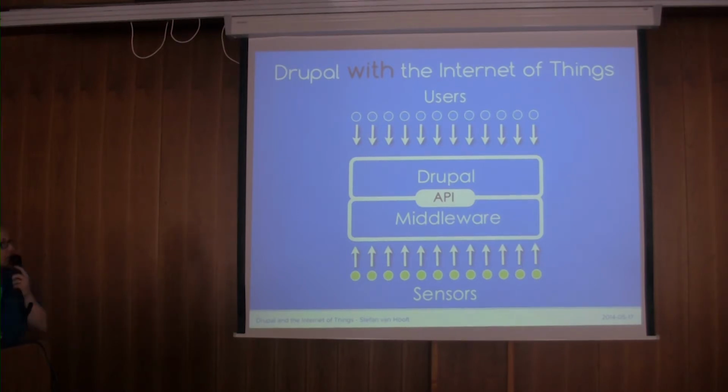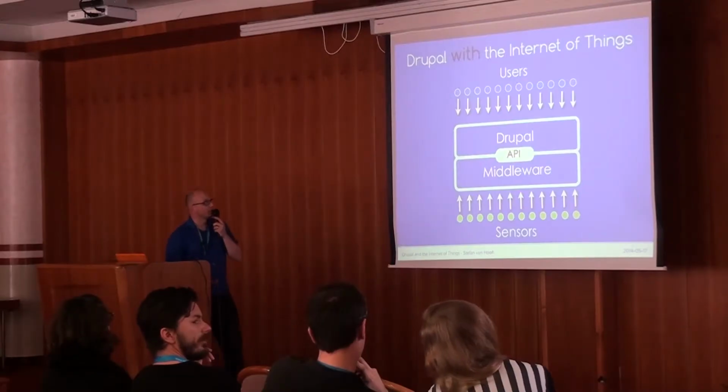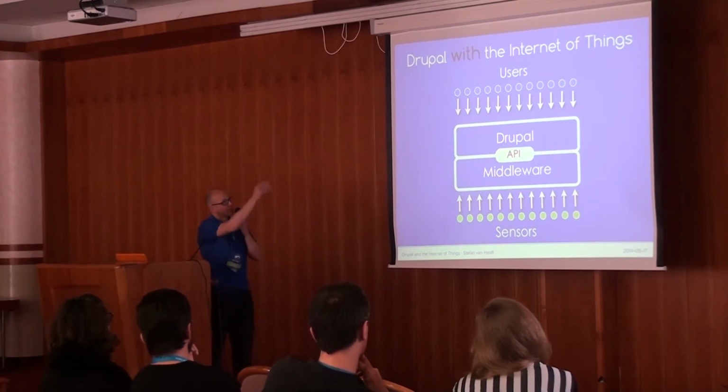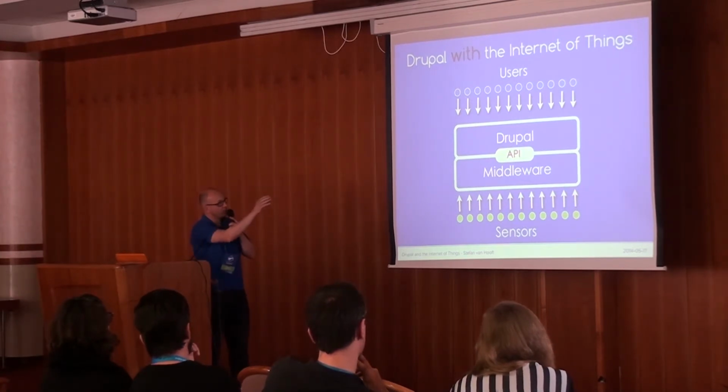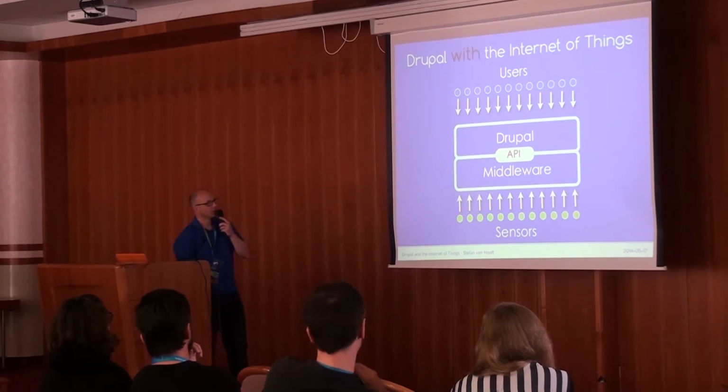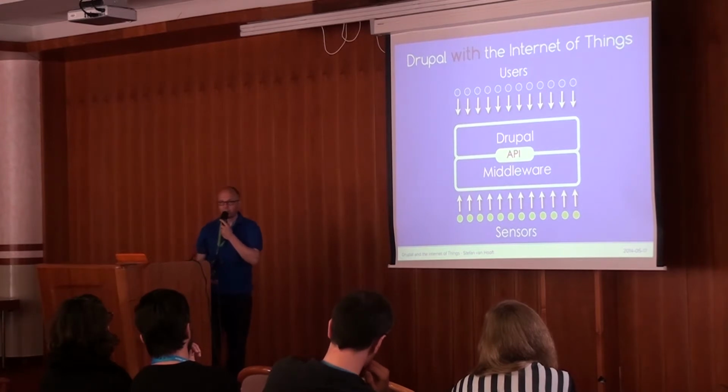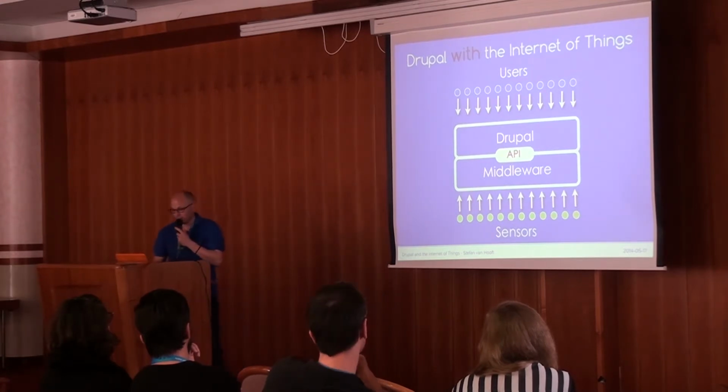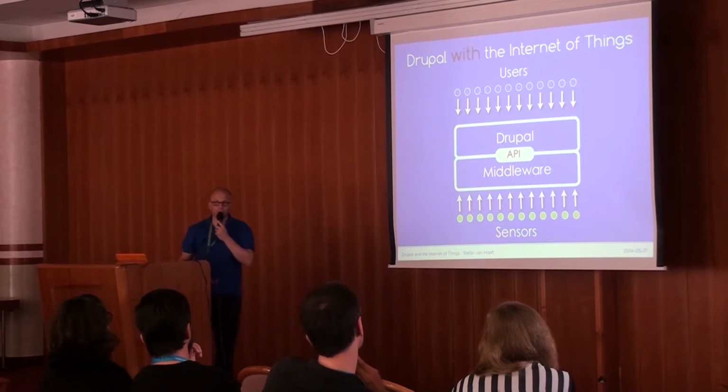Yeah? So this is what I call Drupal with the Internet of Things, and obviously you have the users, they use the Drupal site, and the sensors feed into the middleware, and then the API displays it on the Drupal site. That's one way it could work. Any questions? No?